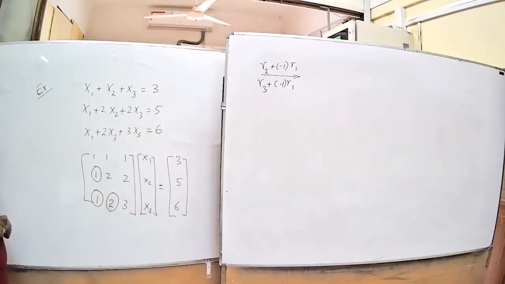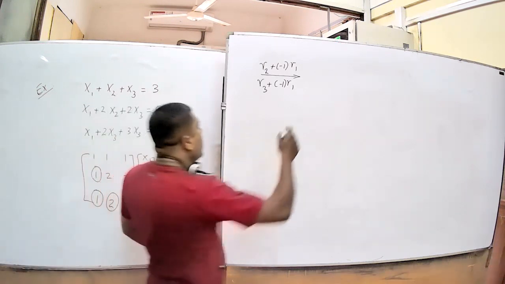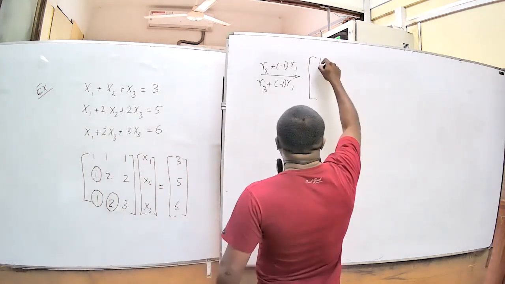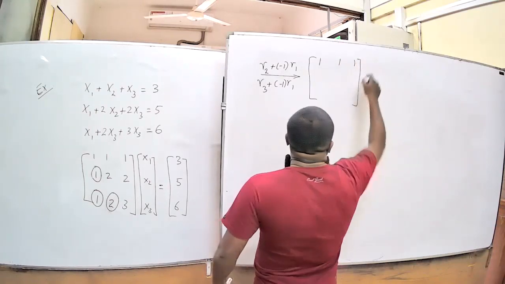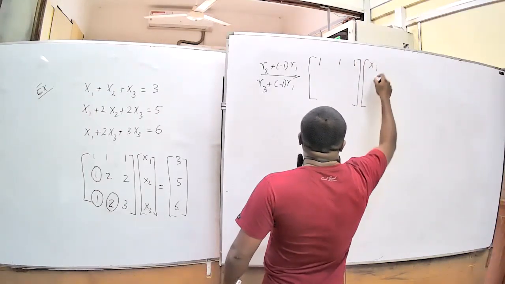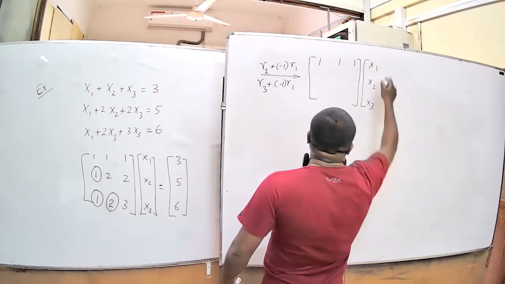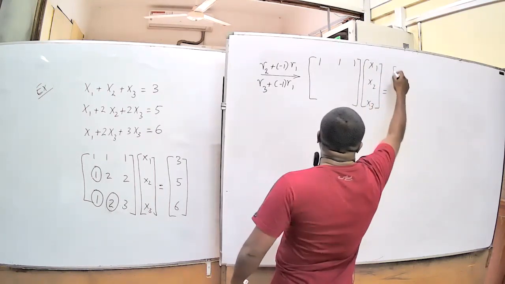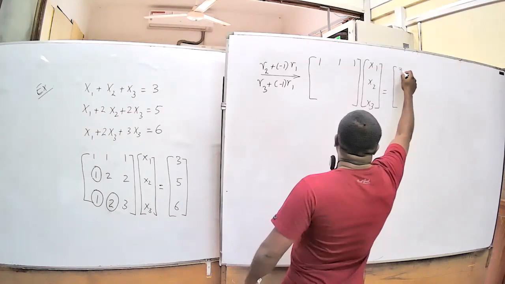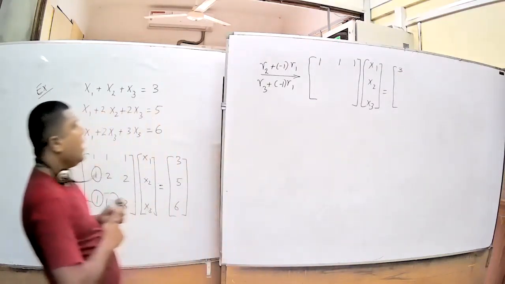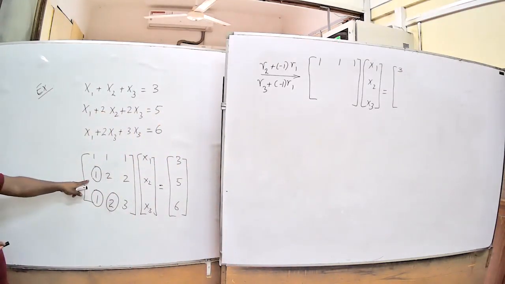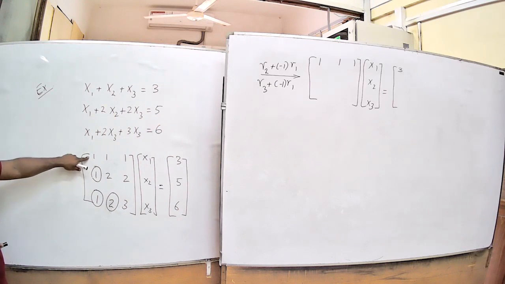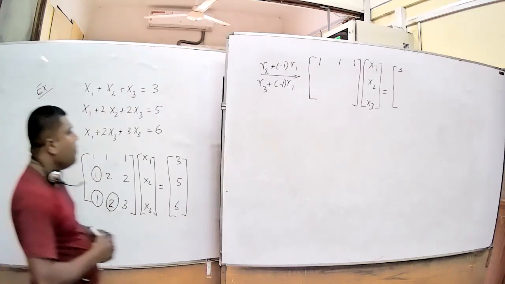If I apply this, then my system becomes [1 1 1] times [x1 x2 x3]. The first row does not change, so I have 3 here. Now the second row is this plus -1 times this, so basically second row minus first row.